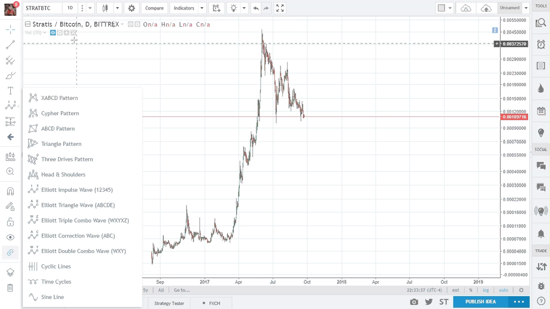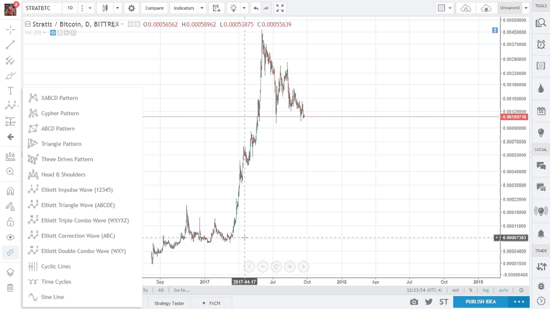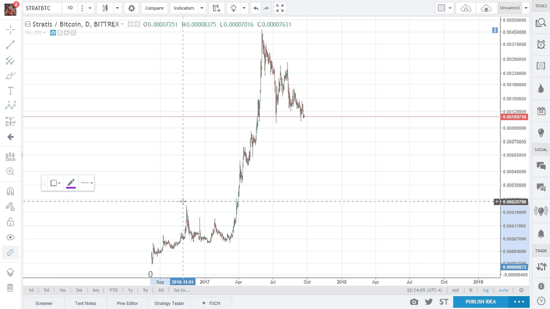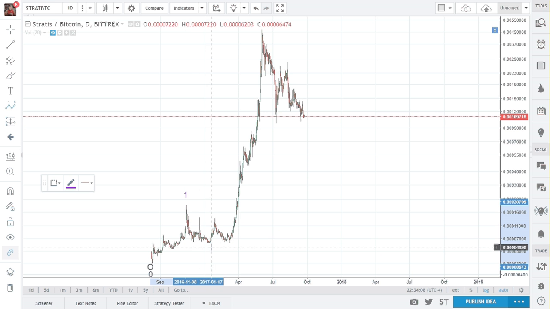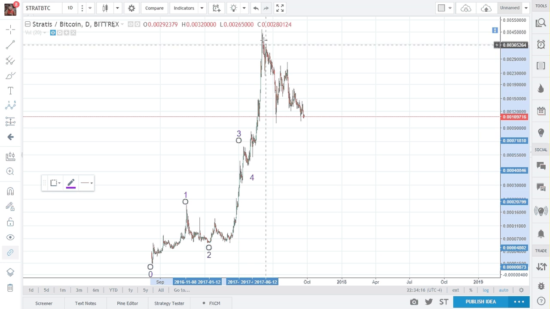When on a daily or weekly basis, use of logarithmics smooths out a lot of the price chart bars. And in this one, if I count it, 1, 2, 3, 4, 5.